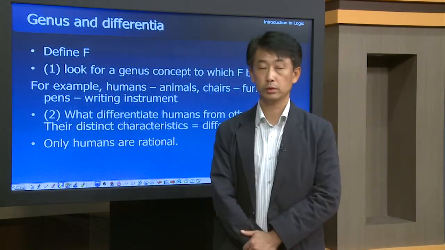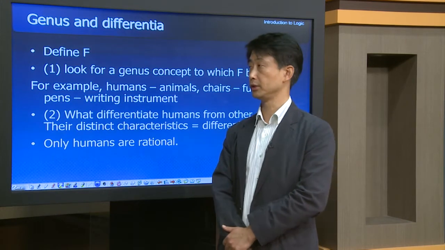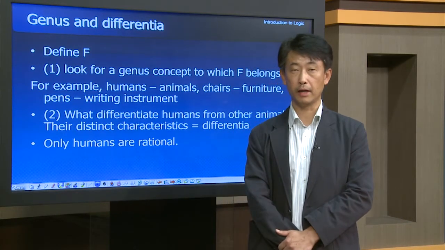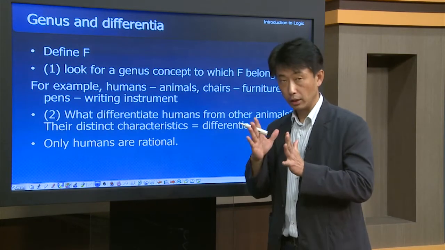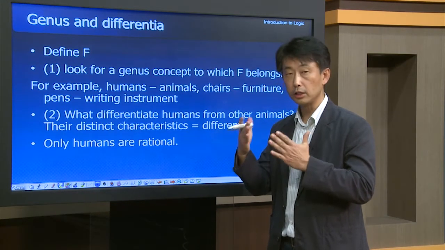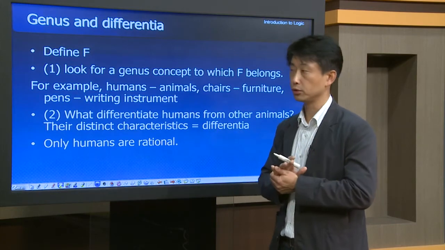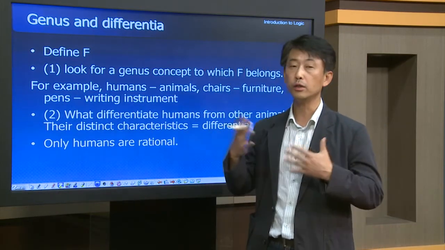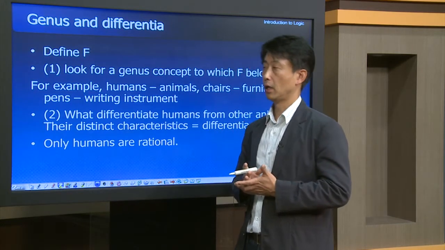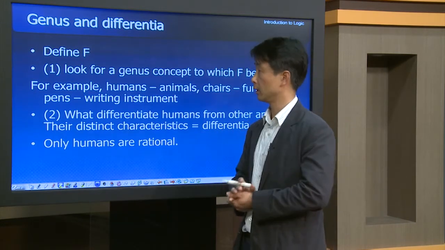Now how should we in general proceed when we try to define a term? That is, I'm talking about definition other than ostensive definition. When we try to define a term by providing other words, how do we proceed in general?